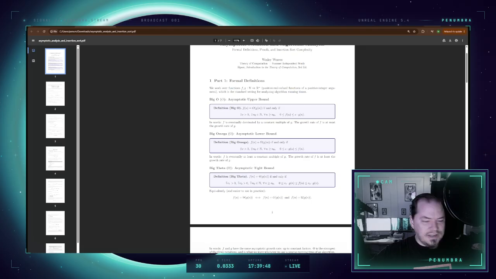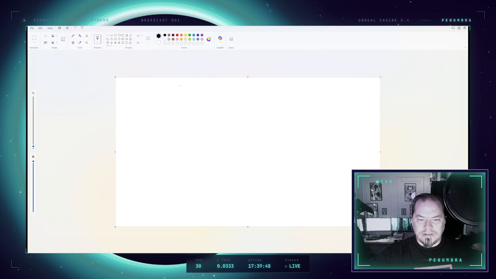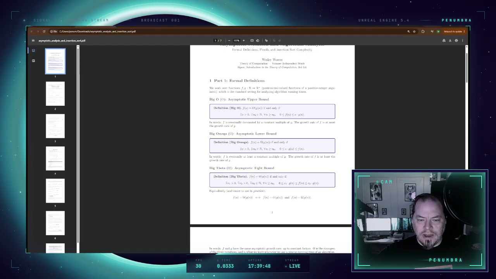We have our definitions, and visually, the parts of this that I think about: big O is our upper bound, big omega is the lower bound, and big theta is the tight bound.